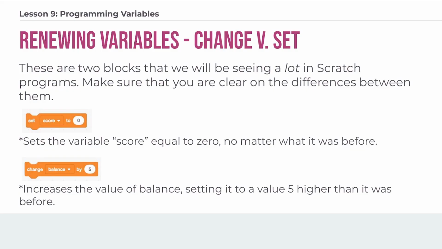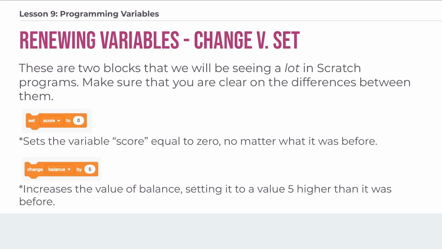It just says whatever value it has at the moment, we are just going to increase it or decrease it. So the same thing goes for, let's say, a score variable, that you would want to set the score to 0 at the beginning of the game. But obviously it's going to change somewhere in the game, or there would be no game.